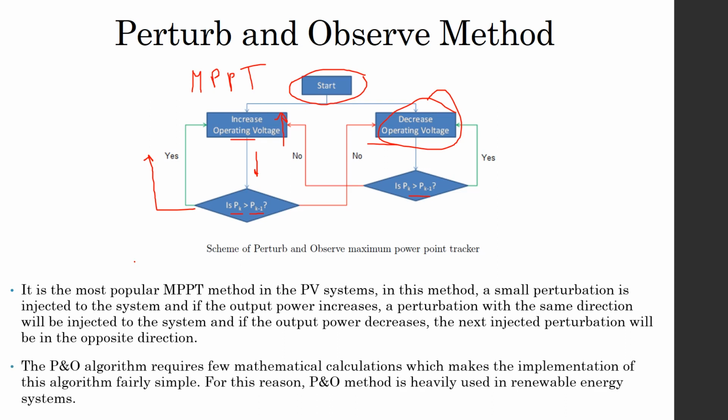This algorithm requires few mathematical calculations, just if conditions, which makes the implementation fairly simple. For this reason, the P&O method is heavily used in renewable energy systems.